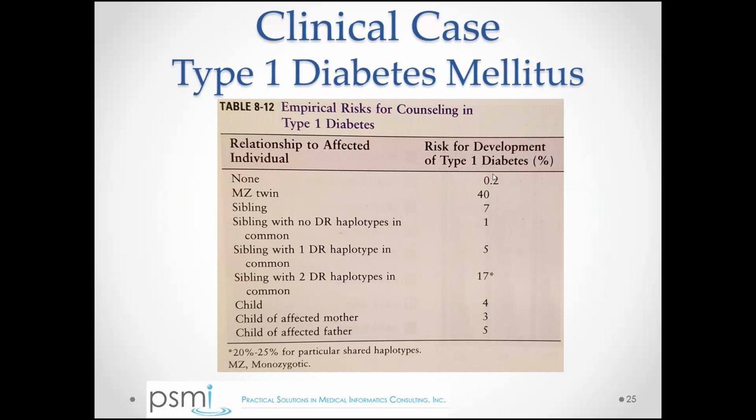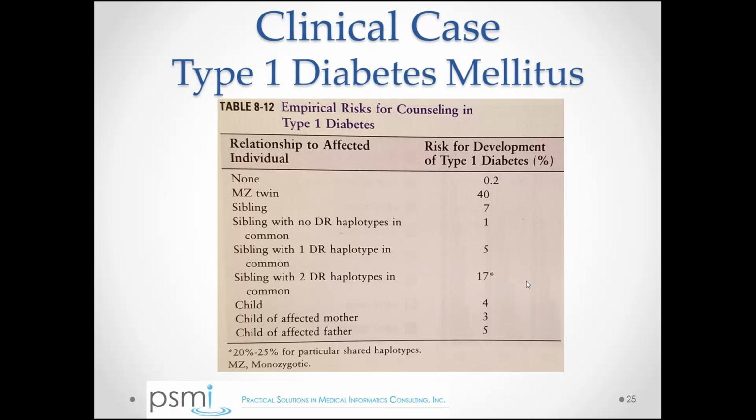And so when we look at these numbers, we begin to say, okay, it looks as though there is at least a genetic component to diabetes. Maybe not a classic Mendelian inheritance pattern like we saw with cystic fibrosis, but at least there is some type of possible multigenetic influence going on here.